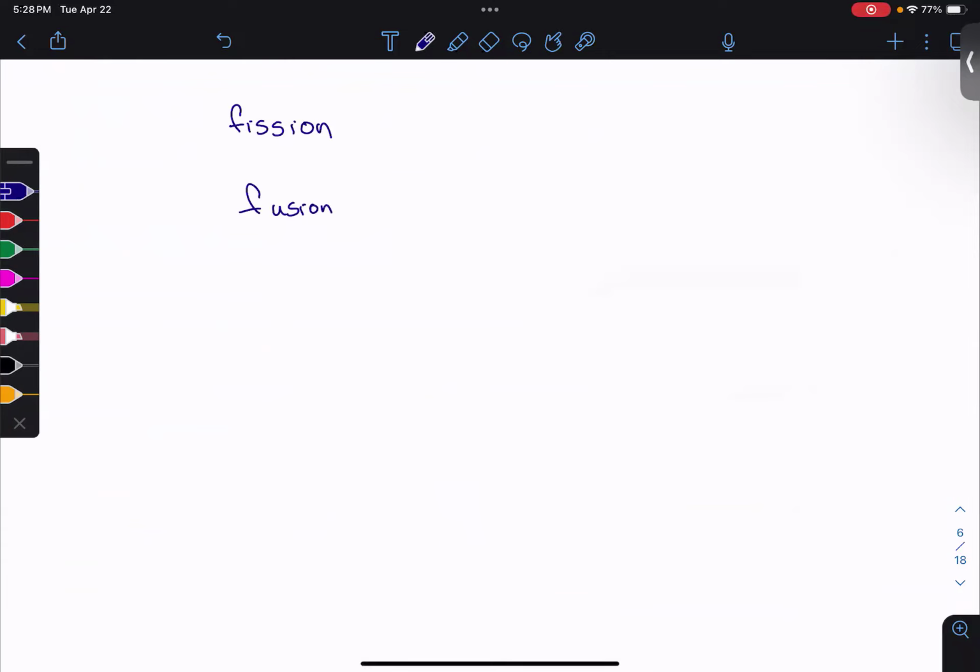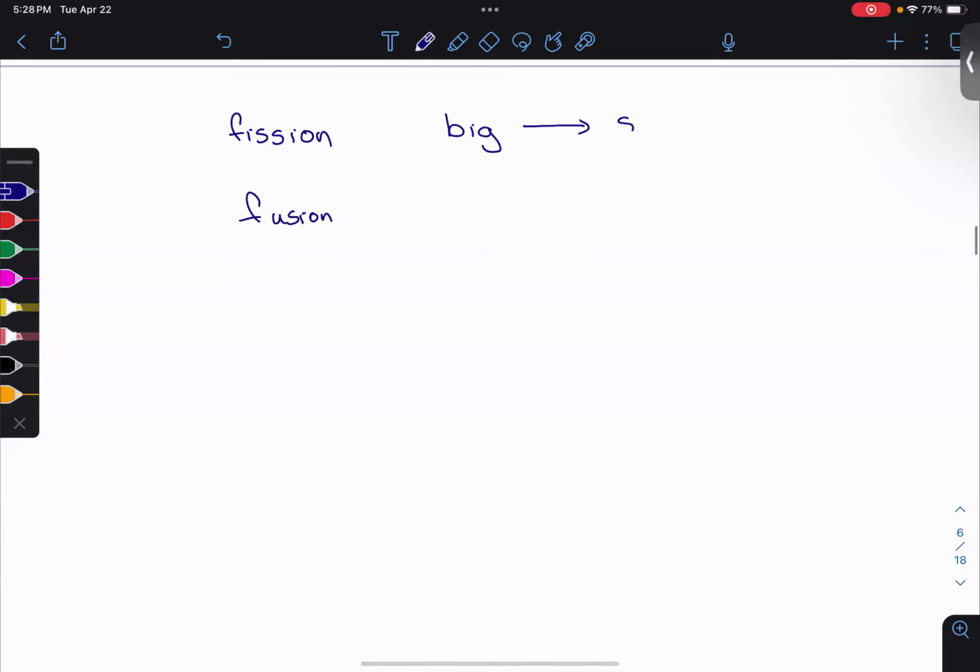Fission is you take big things and they break down into small things and it releases a lot of energy. So nuclear power plants do fission reactions with uranium and plutonium because those are really heavy elements. Fusion, on the other hand, are you going to take big things and turn them into small things? No, it's the other way. You're taking small things and turning them into big things, and it releases a lot of energy.